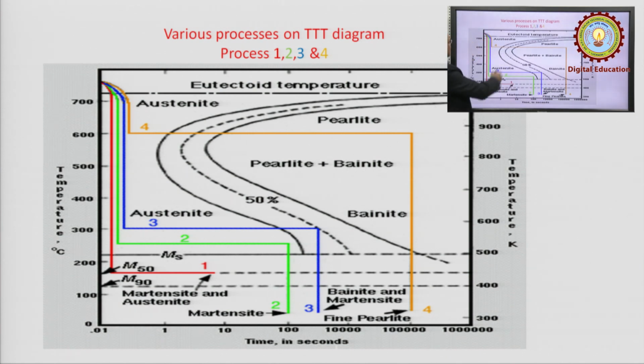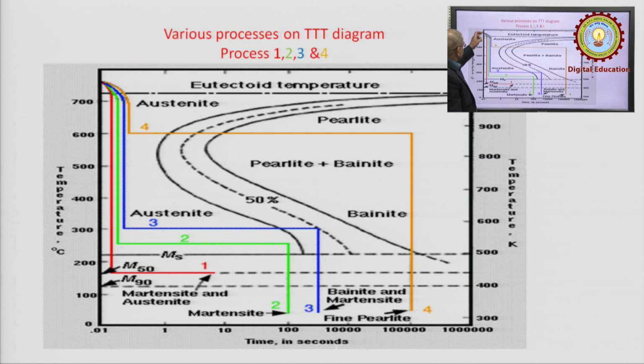Take the fourth process, which is represented by this color. From beyond 723 degrees centigrade, sudden quenching is taking place and the temperature is approximately 600 degrees centigrade. Beyond that, further fall in temperature is arrested and the process is isothermal.